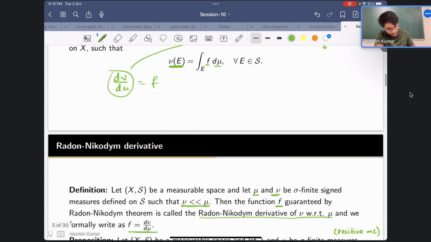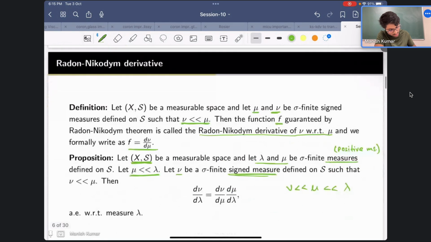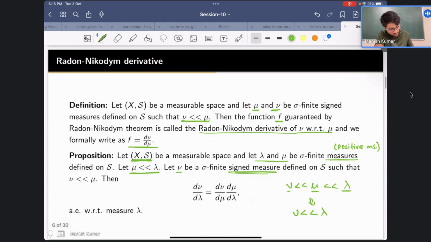In the same way, nu is absolutely continuous with respect to mu, and mu is absolutely continuous with respect to lambda. You can easily prove that this implies nu is absolutely continuous with respect to lambda.